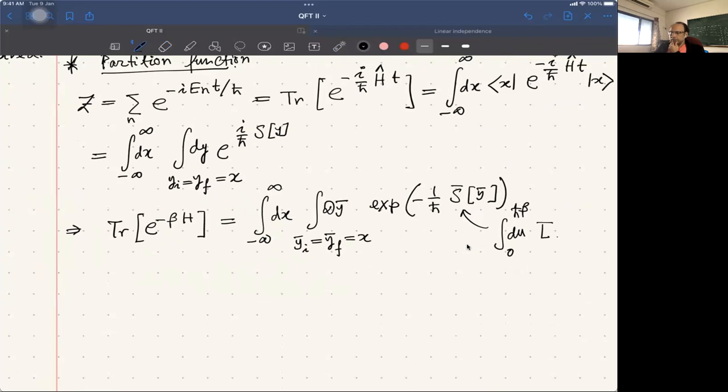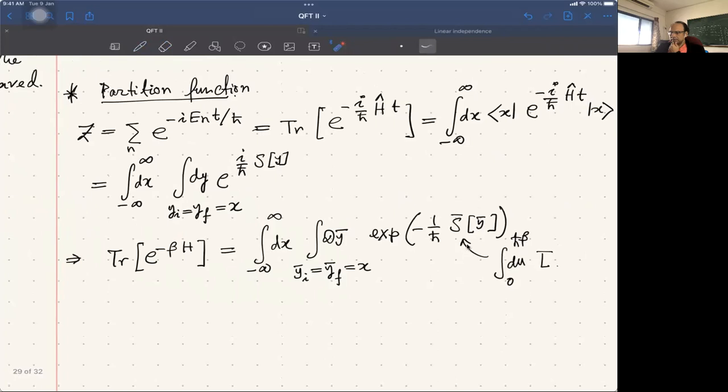Right, because this beta is nothing but t, where t is basically t f minus t i. Here, for example, here also it is dt. t i could be set to 0, and t f is basically t.